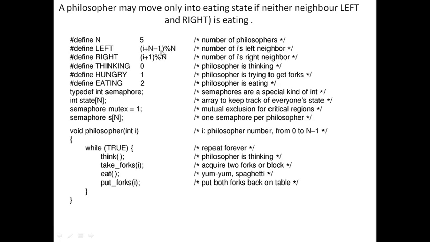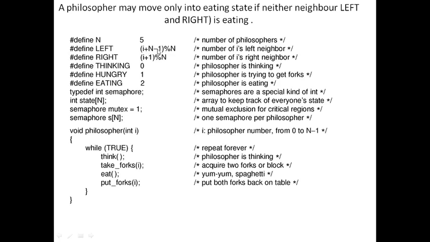For every ith philosopher, we should know, now we are talking in terms of program implementation, that we will be declaring an array, and in that array we have to know the position of the left fork and the position of the right fork for an ith philosopher.